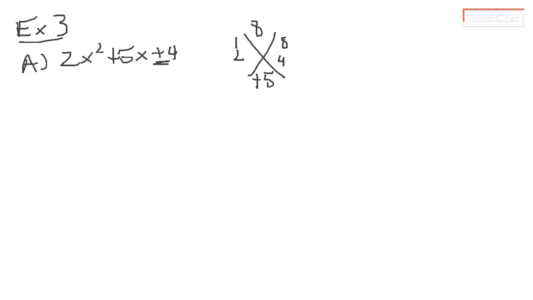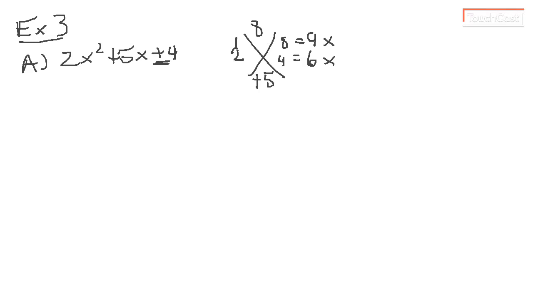Since we have a plus at the back, we want both terms to be the same, both positive or both negative. 1 plus 8 makes 9, which is not 5. And 2 plus 4, if we add them, that makes 6, which again is not 5.